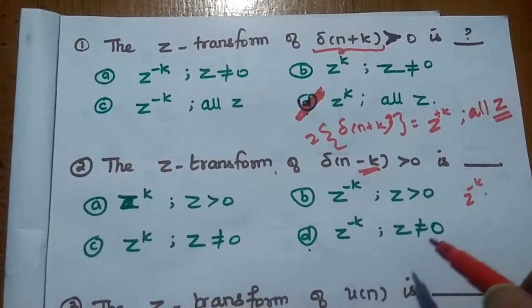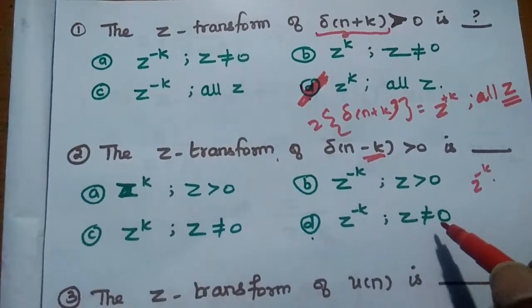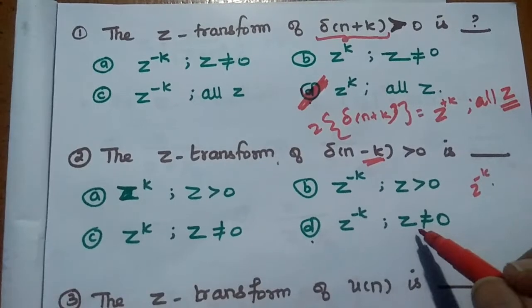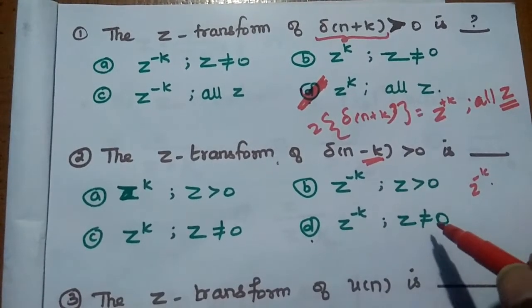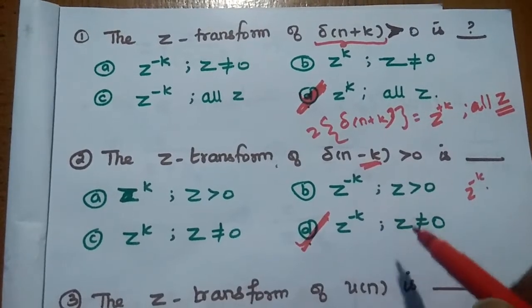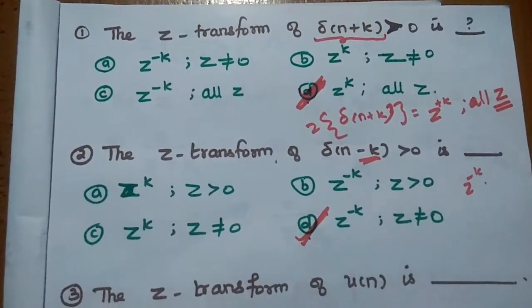So at that time the ROC is z is not equal to 0. Okay, the ROC of this signal is obtained like this. z is not equal to 0. So the answer is z power minus k when z is not equal to 0.